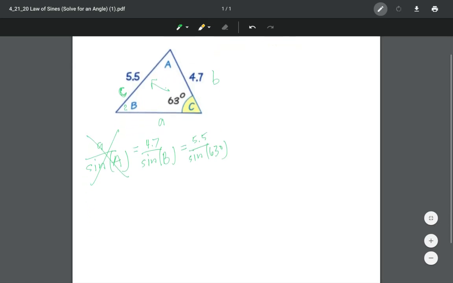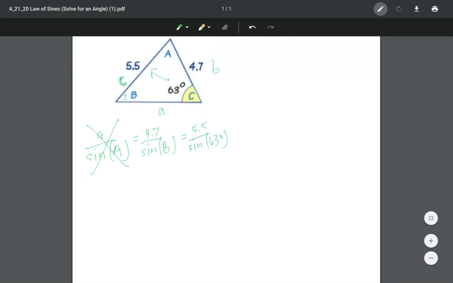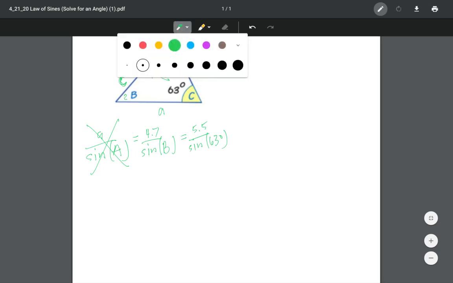I'm going to just scroll down a little bit to make some room. From here, we set up cross multiplication, which you've already done before. Let me just change colors here.